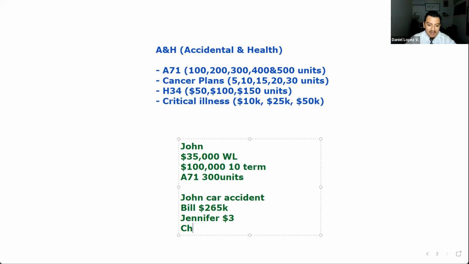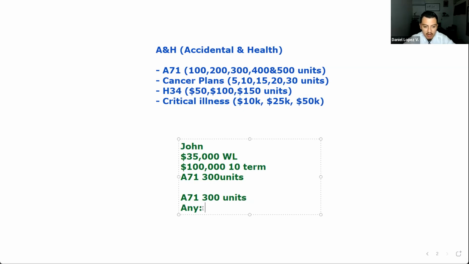Okay, let's examine this. So the 300 unit, let's see how much that pays out. So, Bill, I want to just go over the 300 unit. How much does it cover for accidental death if they pass away due to an accident, any type of accident?